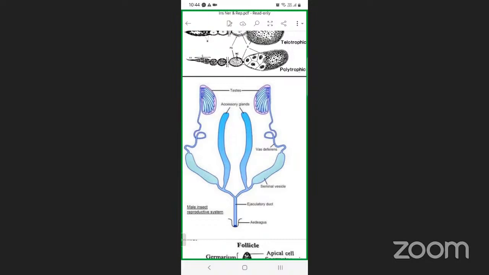Coming to the male reproductive system, we find a pair of testes connected to the seminal vesicle with the vas deferens.